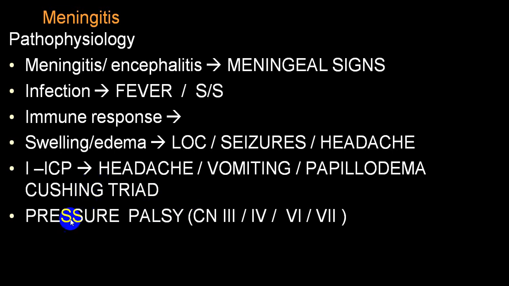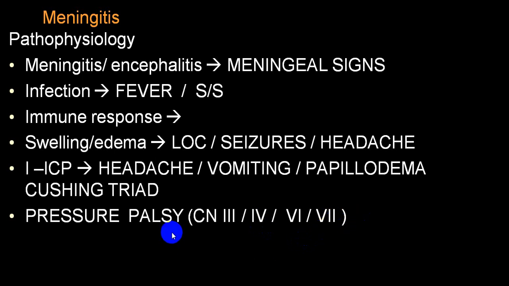And because of raised intracranial pressure, you can have involvement of the third and sixth cranial nerves, which are the most common. So you can have a pressure palsy on the third and sixth cranial nerve. The fourth cranial nerve is not commonly involved, and the seventh cranial nerve is also not commonly involved, but maybe occasionally.